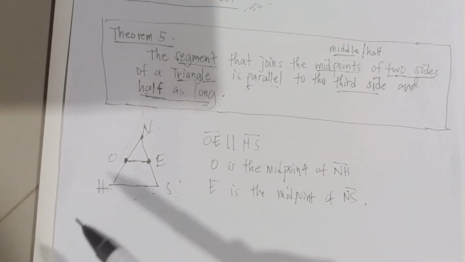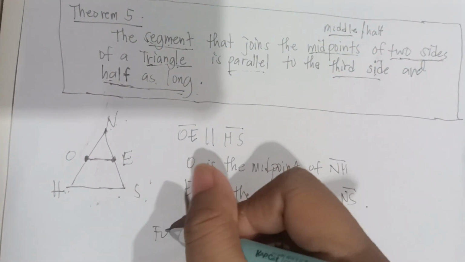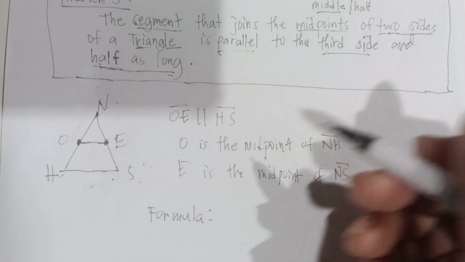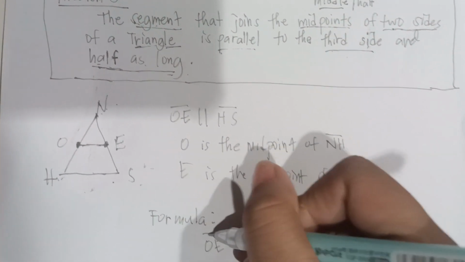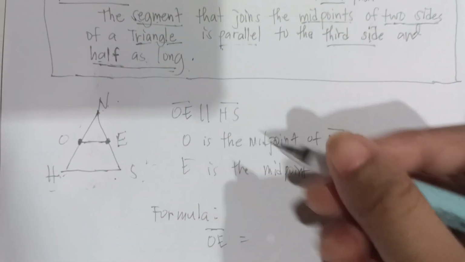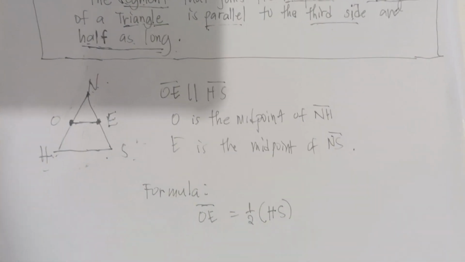By applying this Theorem 5, we can get the formula to find the measure of side OE. We find OA, that is just 1/2 of HS. So the formula would be 1/2 times HS.